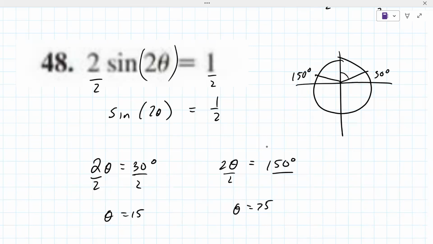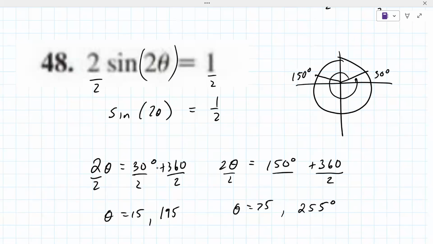You have to go all the way around again. So if you add 360 to this and then divide by 2, add 360 to this one and divide by 2, you can see that it's 180 plus 15, 195, and 180 plus 75, which is 255.